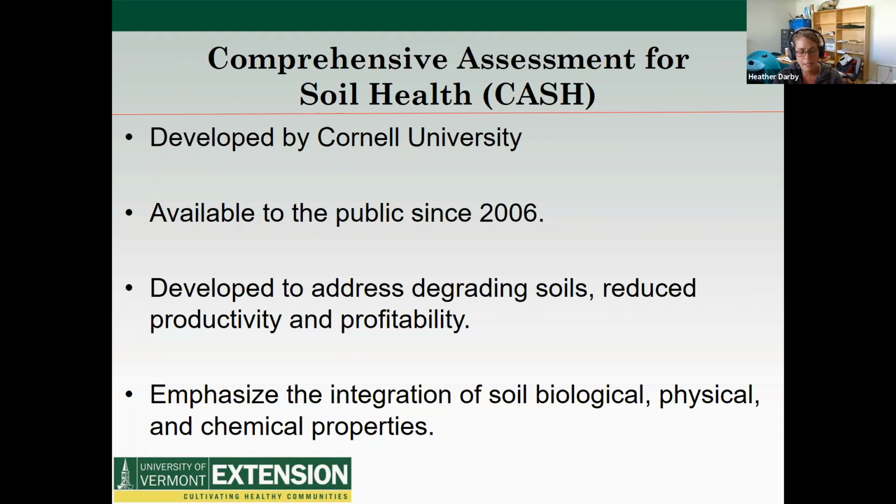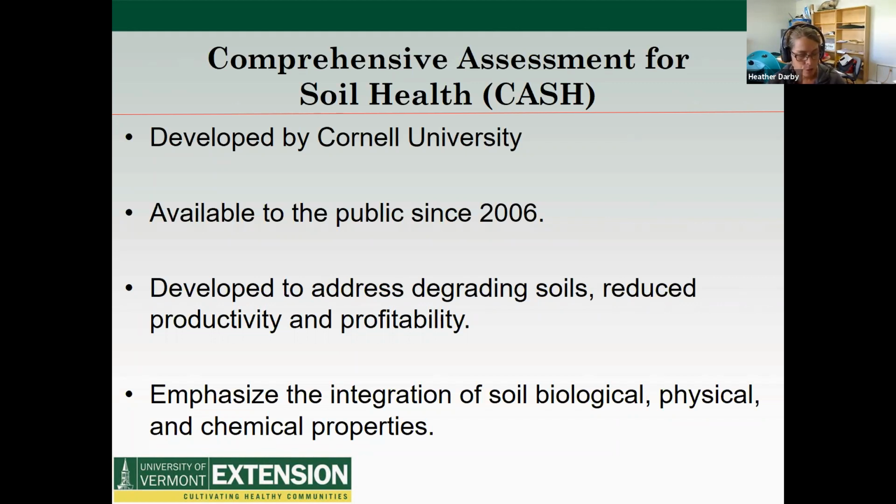So we know what healthy soil is, and the soil health test itself was developed to basically put some analytics to that so that people could gauge just how healthy their soil was or maybe wasn't, so that they could make improvements, mostly management changes on their farm, to try to achieve healthier soils.